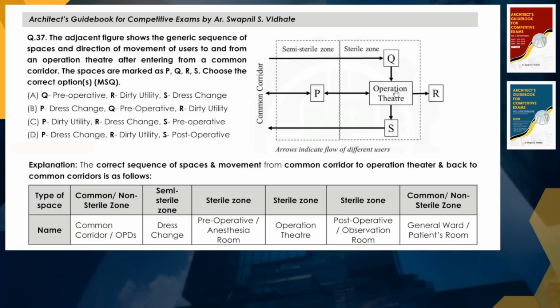From Q, the patient will be taken to the operation theater, which is totally a sterile zone. From the operation theater, the patient will be taken to the post-operative or observation room, which is also a sterile zone, and from here the patient will be taken to the general ward or the patient's individual room, which can be semi-sterile or the common non-sterile zone.